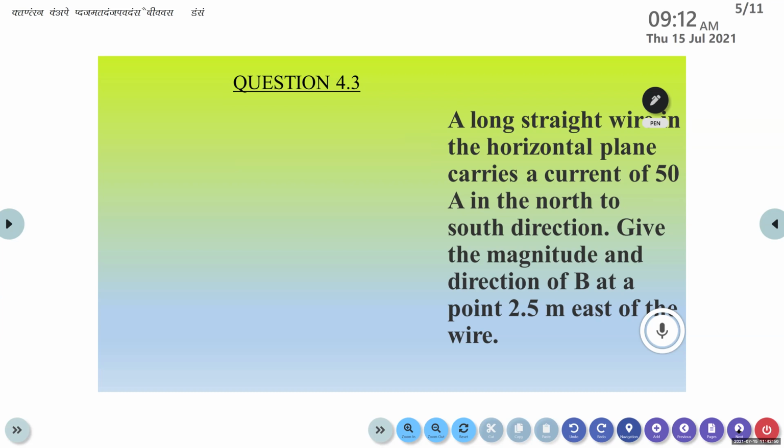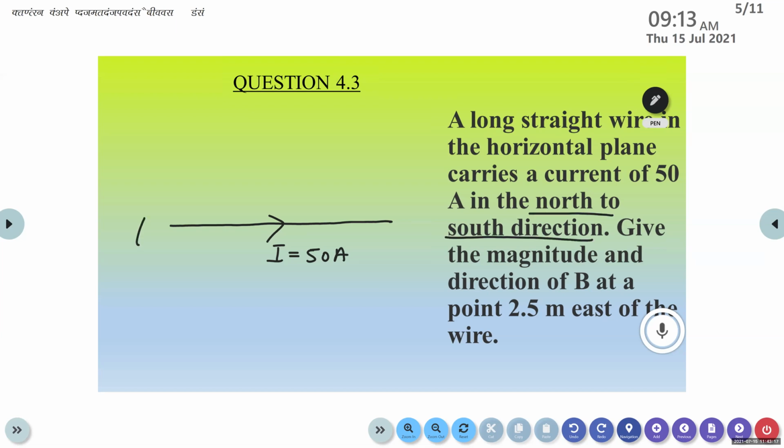So here also we consider a long straight wire in the horizontal plane. It carries a current of 50 ampere, and the direction of the current is from north to south.